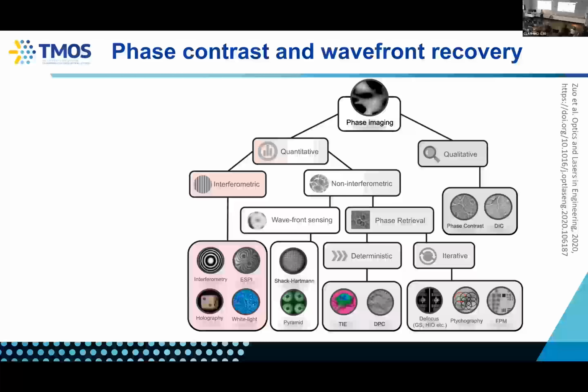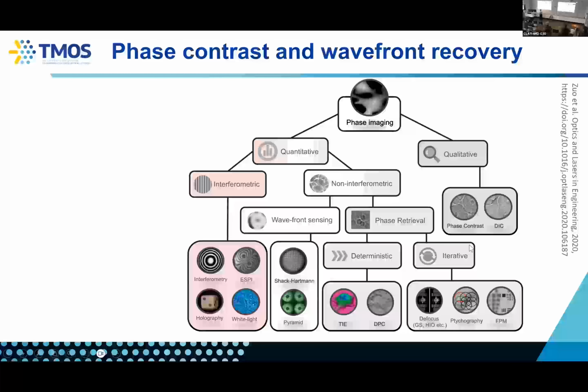Interferometry is very powerful, very widely used, but it does require relatively complex optical components, and the sensitivity can be challenging to actually harness. There are also a number of well-known non-interferometric methods that can be used for wavefront sensing, used in astronomy and ophthalmology.